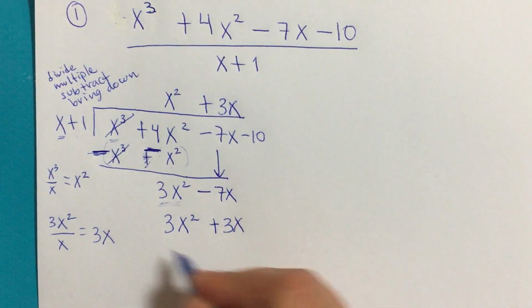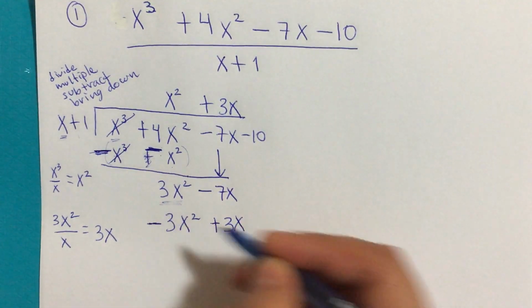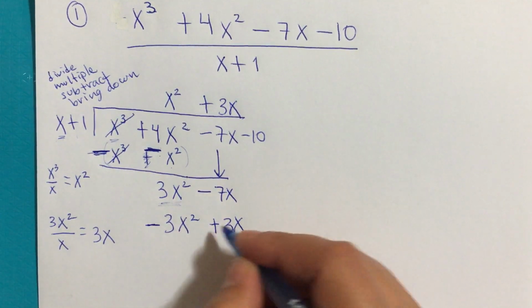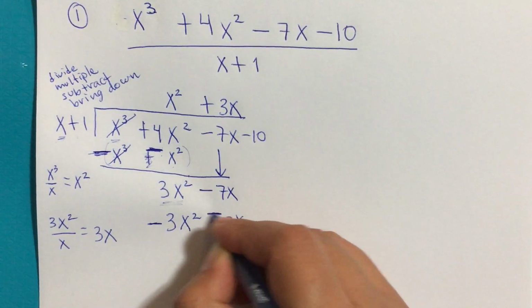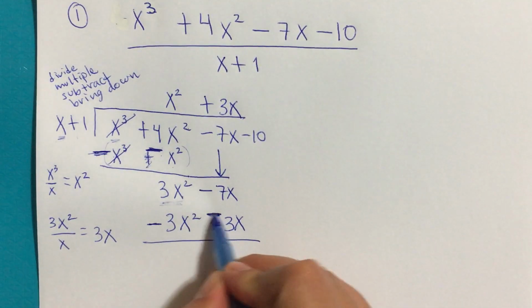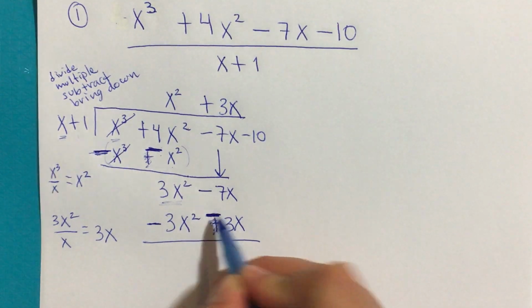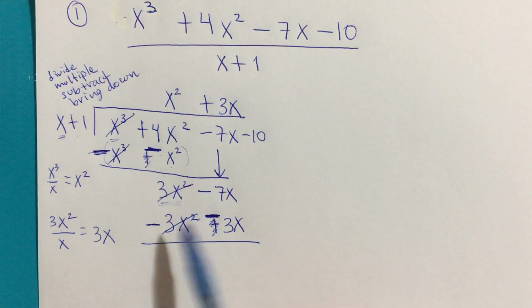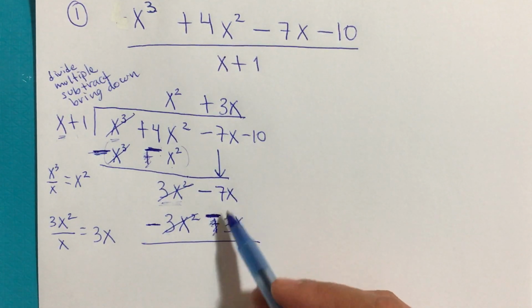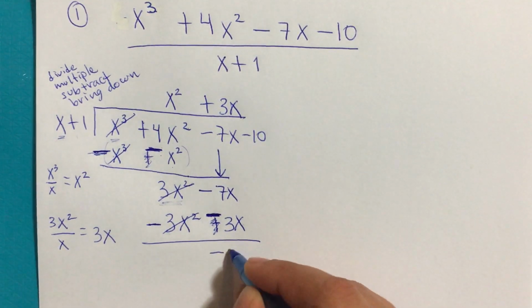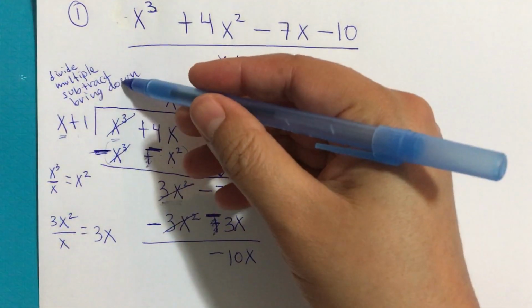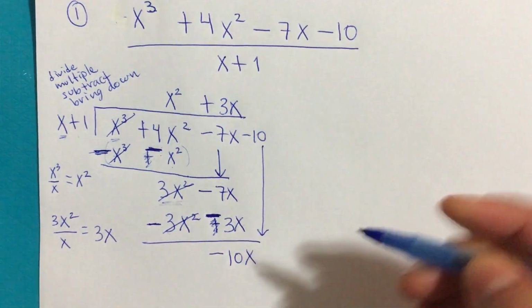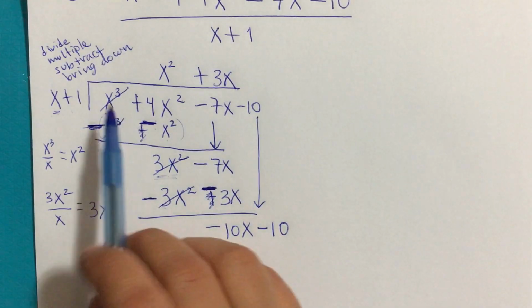Instead of just putting it outside, I prefer to change the signs from positive to negative, from positive to negative. Notice how I cross the other one out and put it bold because sometimes I might forget and we don't want to do that. This cancels and now I have negative 7x and negative 3x is negative 10x. Again, the next step is to bring down and start all over again.